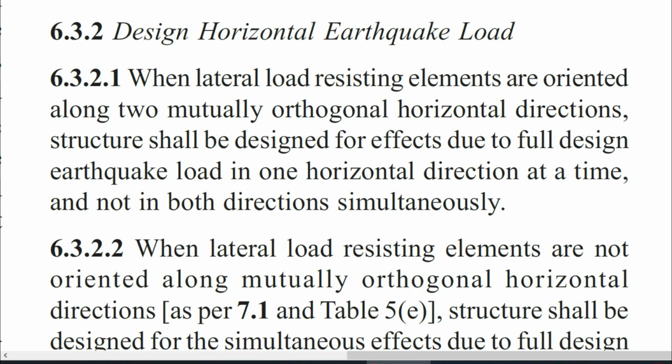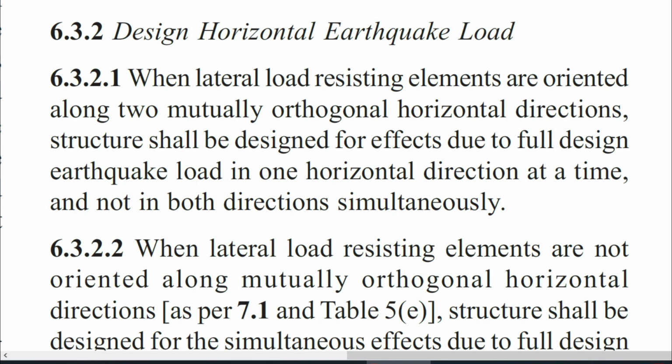So 6.3.2.1, when lateral load resisting elements are oriented along two mutually perpendicular orthogonal horizontal directions, structure shall be designed for effects due to full design earthquake load in one horizontal direction at a time and not in both directions simultaneously. So the load need to be considered in X direction and Y direction separately.